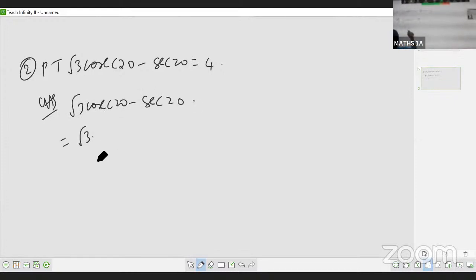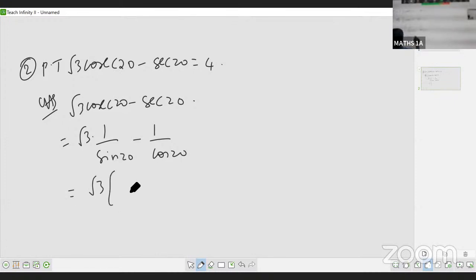Root 3 into 1 by sine 20 minus 1 by cos 20. Reciprocal of cosecant is 1 by sine, and reciprocal of secant theta is 1 by cos theta. Is it clear? Now take LCM, cos 20 minus sine 20, divided by sine 20 cos 20. Is it clear?